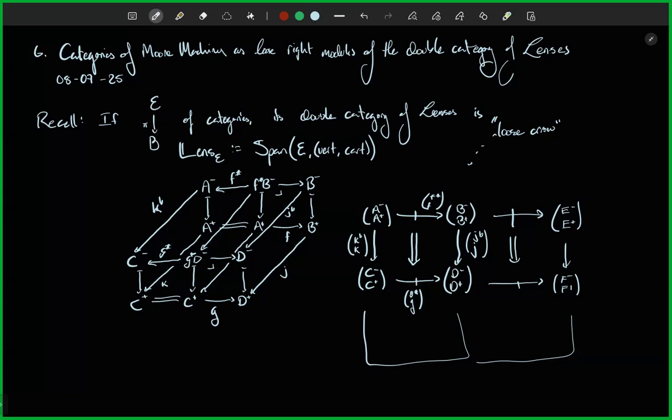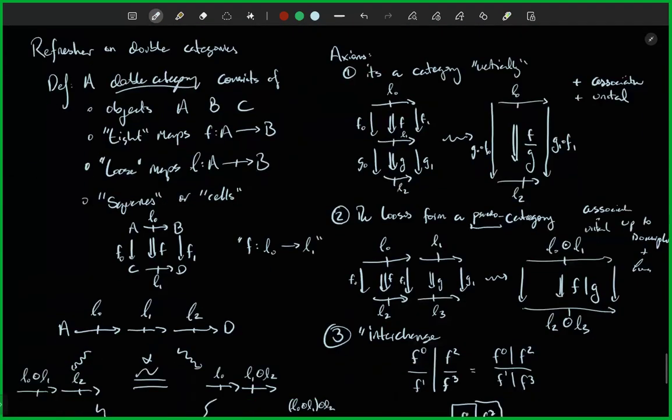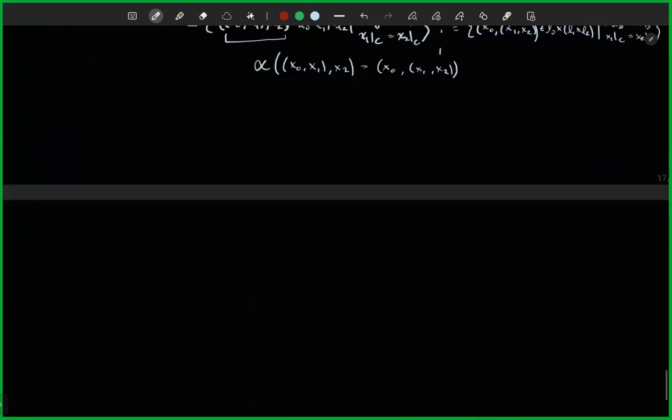Okay. Knowing that is actually quite nice. So, results about behavior come from being the double category of lenses.